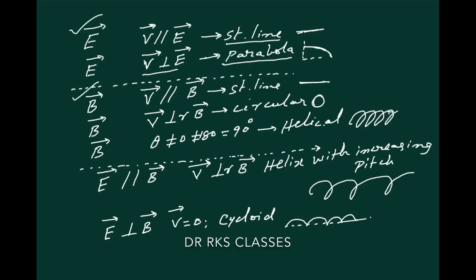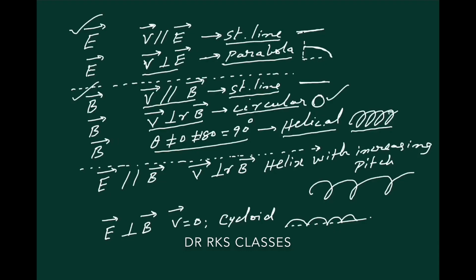If you take only a magnetic field, parallel or anti-parallel, the path is a straight line. When a charge enters perpendicular to the magnetic field, theta is 90, the path is circular. Other than these three, 0, 180 and 90, for oblique entry the path followed is a helix with uniform pitch.